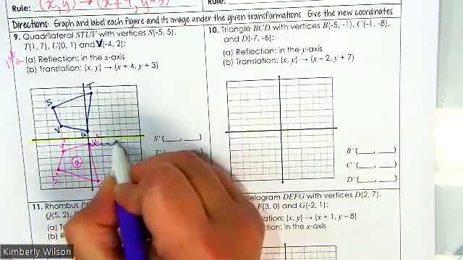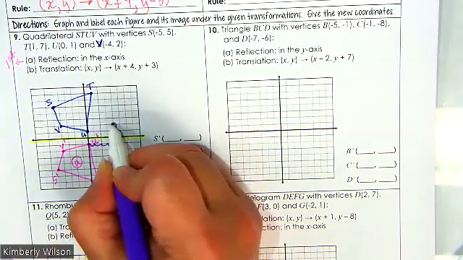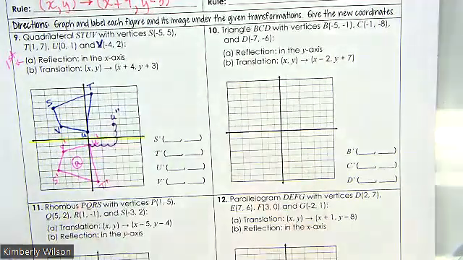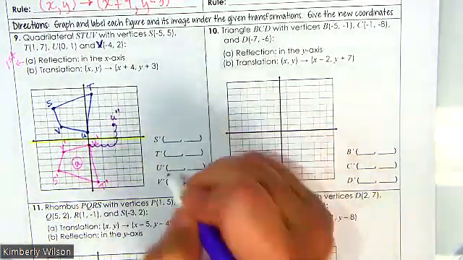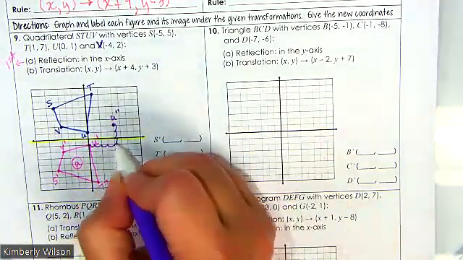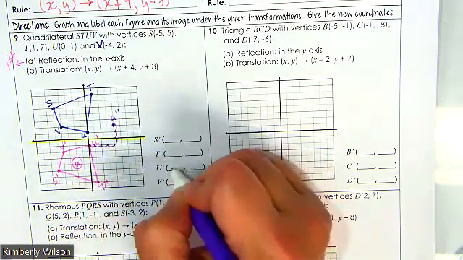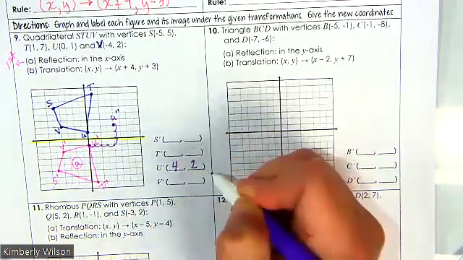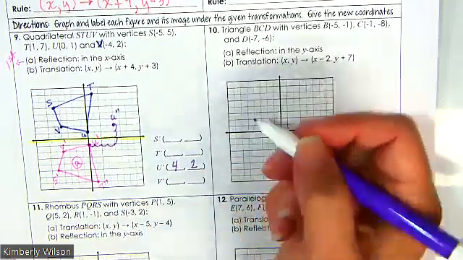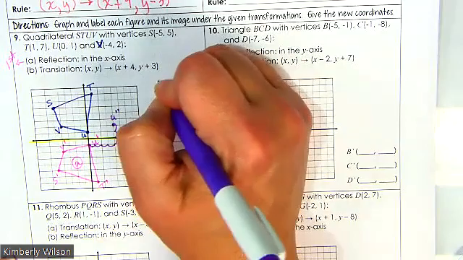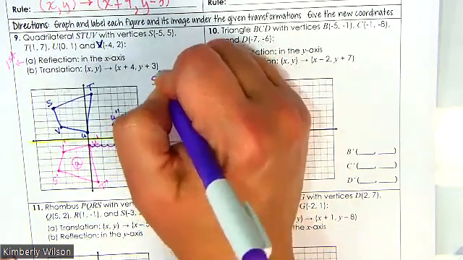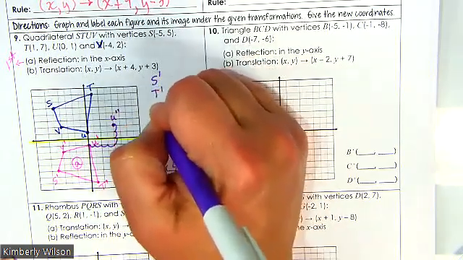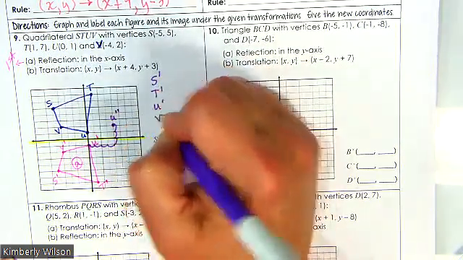Then I'm going to go up 3. 1, 2, 3. So this puts U, and I'm going to put 2 apostrophes because this is my new image. So this ordered pair is 4, 2.